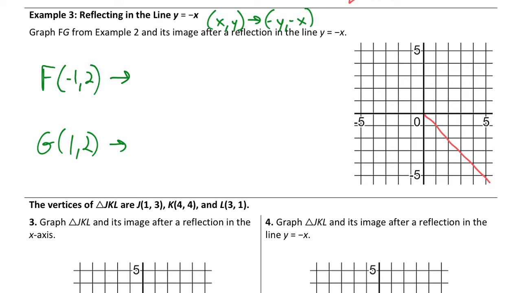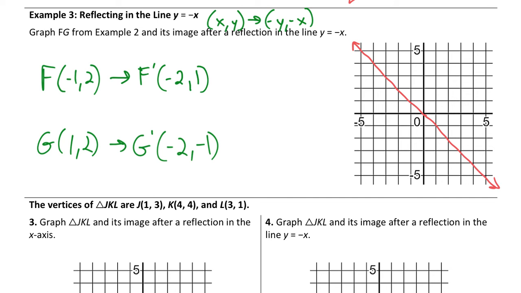y equals -x is a line through the origin with the slope of -1. So that rule causes us to change x and y's places and change both their signs. So the image of F becomes -2, 1. Swapped x and y, changed their signs. The image of G, -2, -1.